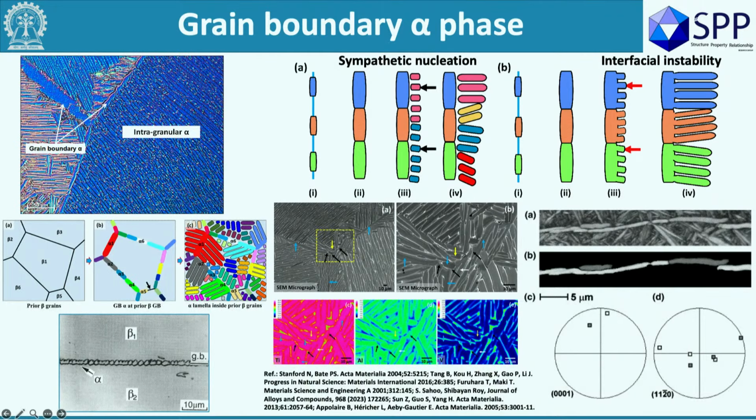If you look at a titanium lamellar microstructure, which is just a simple cast microstructure undergoing a beta to alpha transformation, it gives you two types of alpha which are crystallographically the same and compositionally exactly the same. They differ in the sequence with which they form. One is called grain boundary alpha, which forms first. It's a grain boundary allotriomorph.